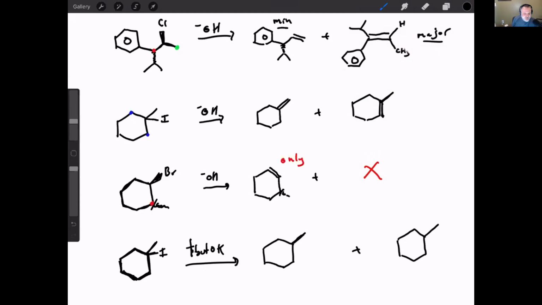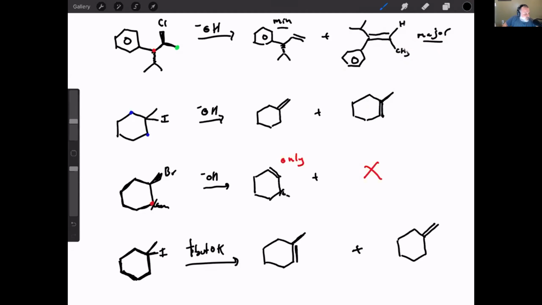When I have a large bulky base, the Hofmann product is the major product, and the Zaitsev product is the minor product. So in this case, I'll just swap the answers around. The minor product on the left is the Zaitsev product, and the major product on the right is the Hofmann product.